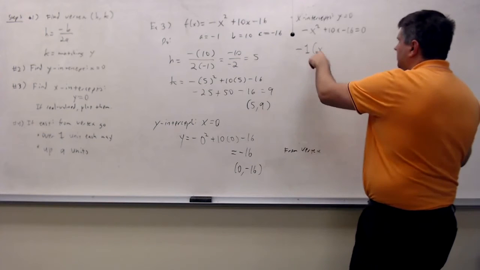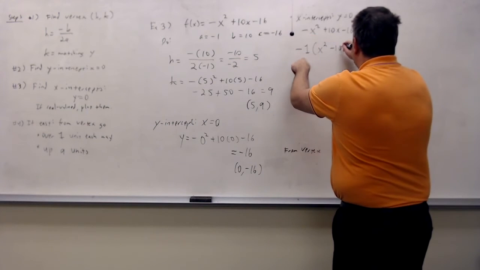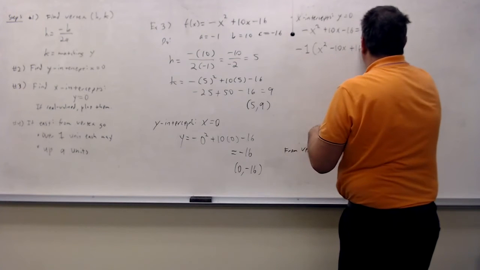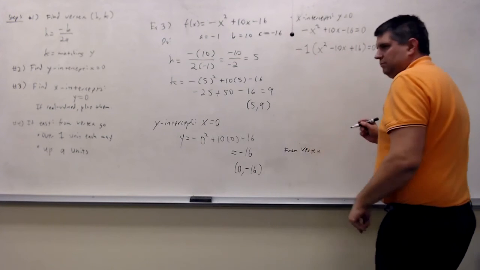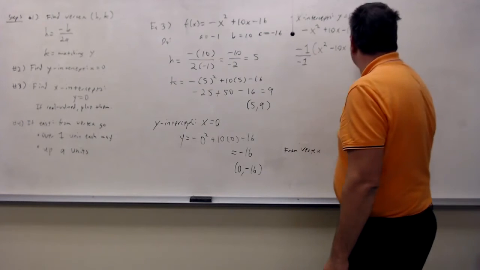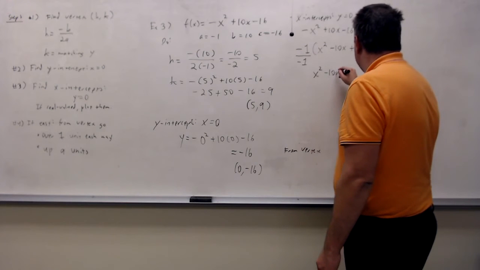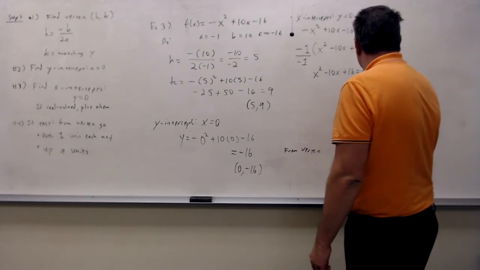And the division by -1 leaves a positive x squared, a negative 10x, and a positive 16. Okay? I will then proceed to divide off that -1. So I have x squared minus 10x plus 16 is 0.